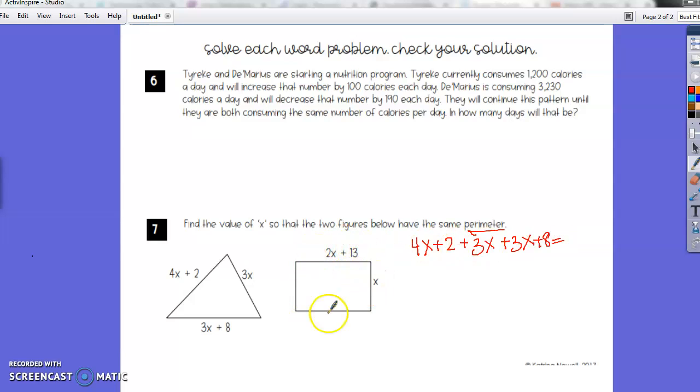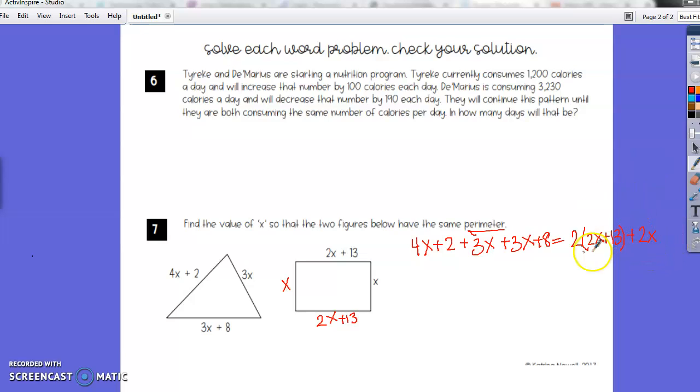And the perimeter for the rectangle, even though we only have two sides given, we remember that opposite sides of the rectangle are congruent. So we can take 2 times 2x plus 13 plus 2 times x.